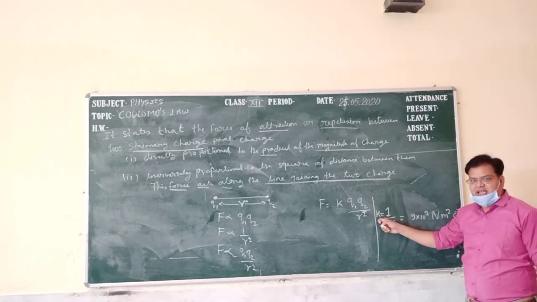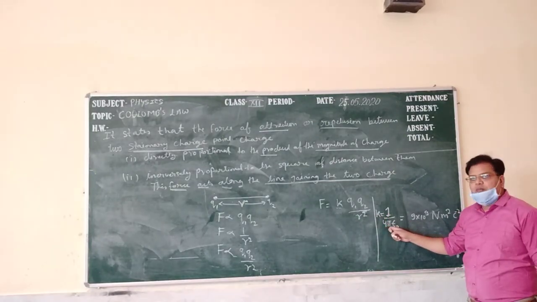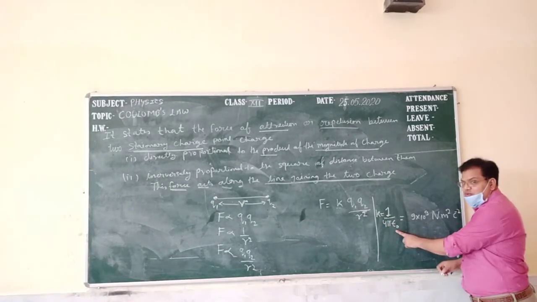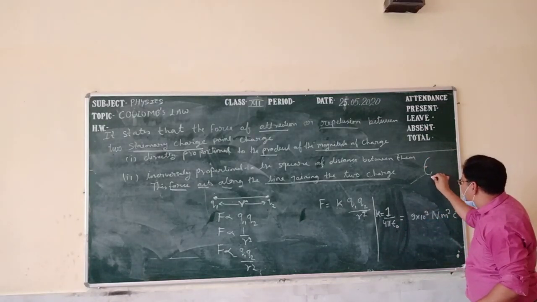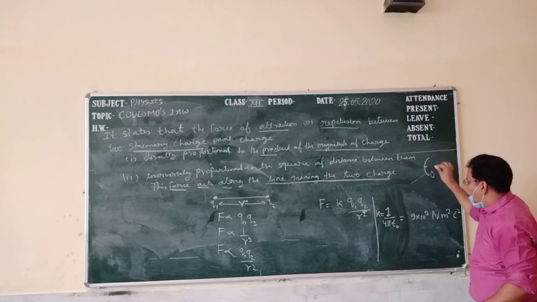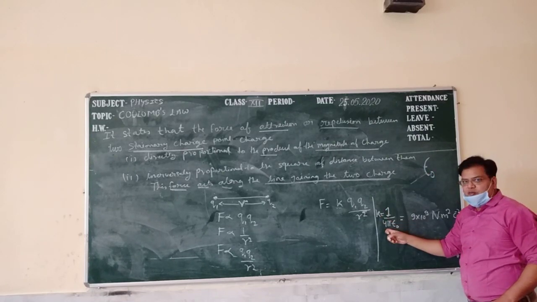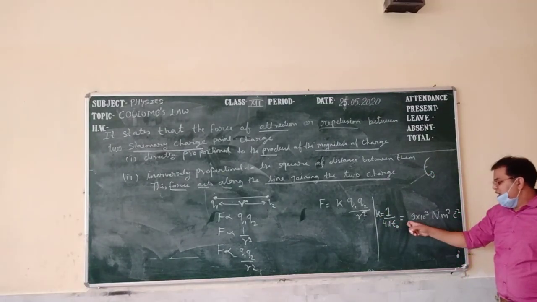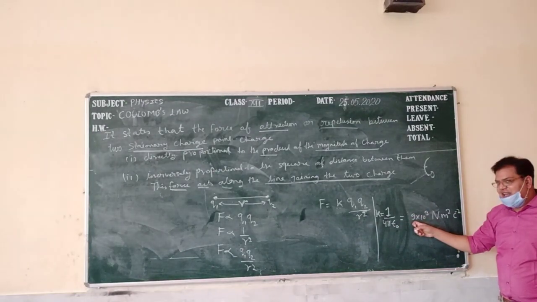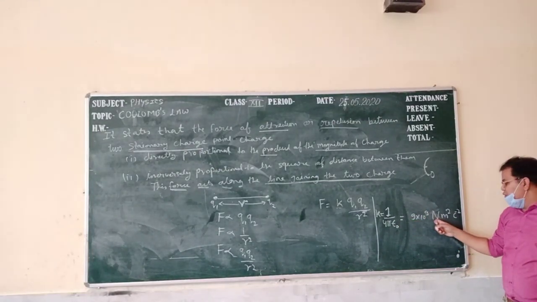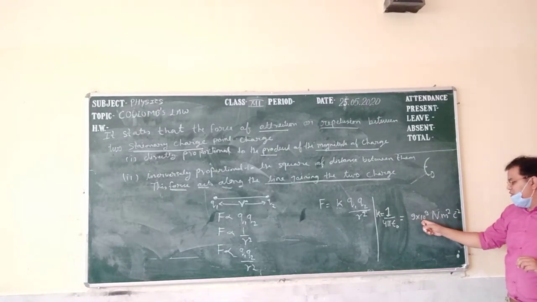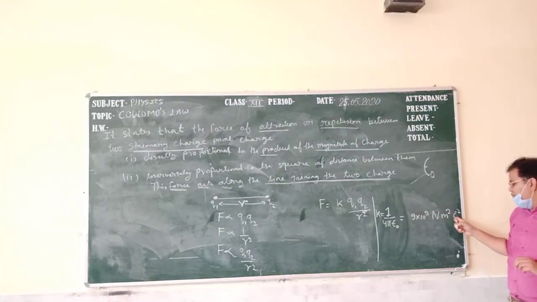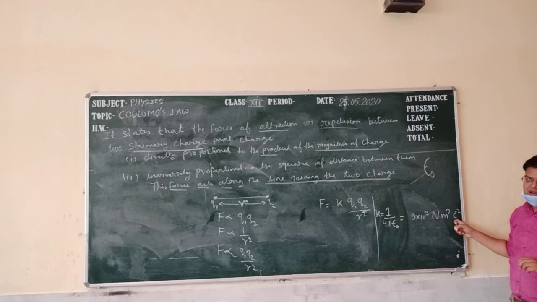Here the value of k is 1 upon 4 pi epsilon naught. Mind it, dear student, this is the sign of epsilon naught; you must write epsilon naught just like this. K equals 1 upon 4 pi epsilon naught, where the value of k is 9 into 10 to the power 9 Newton meter square per Coulomb square.